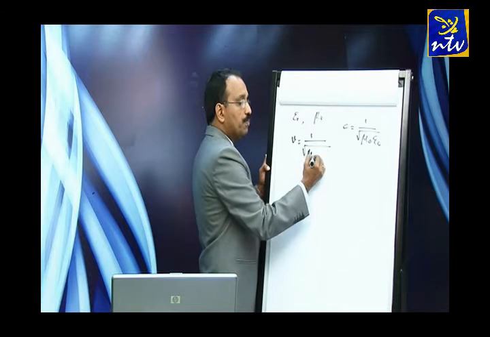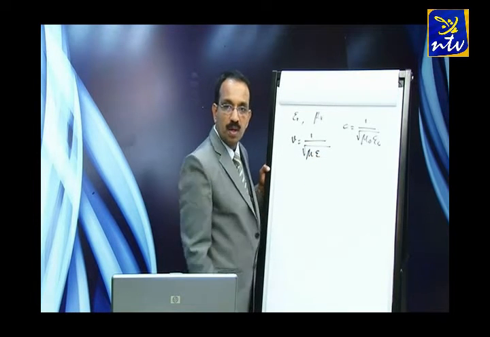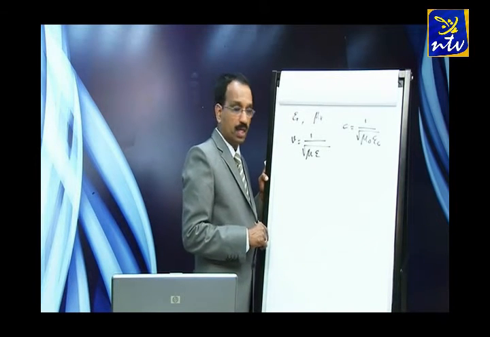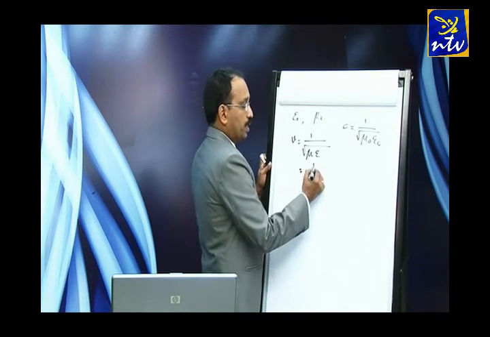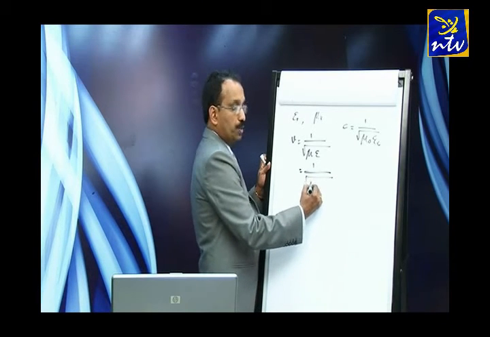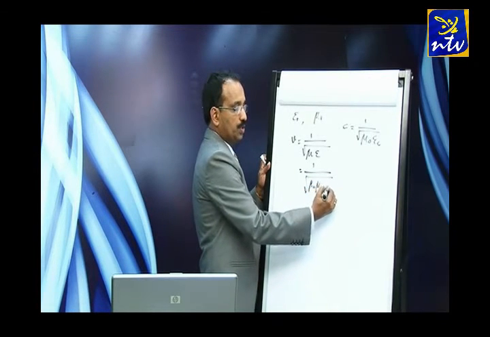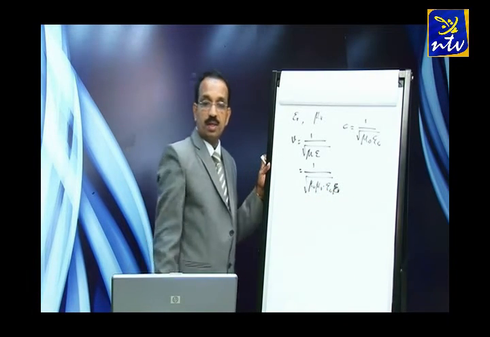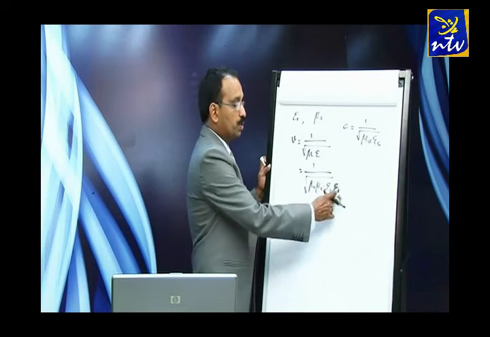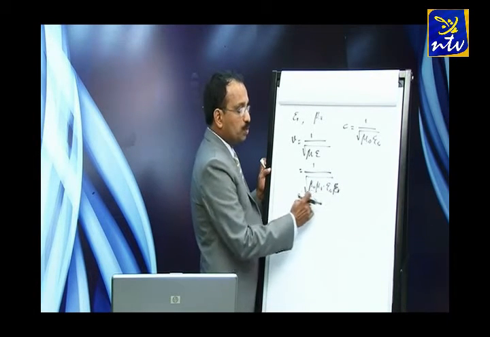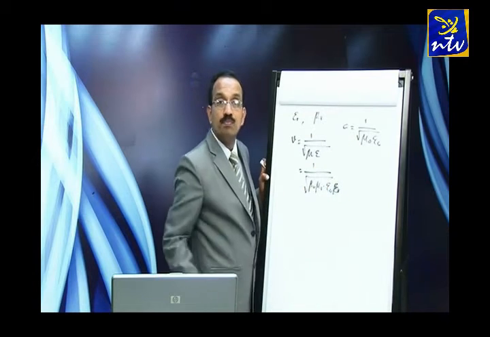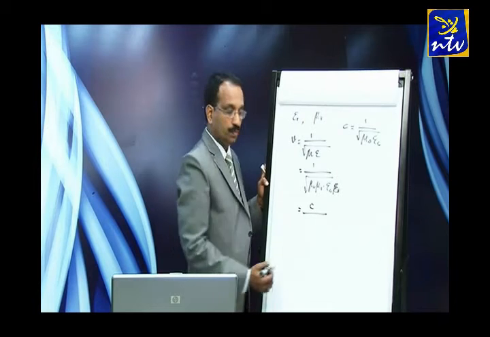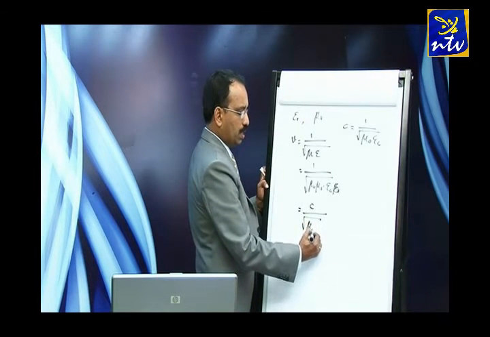But mu and epsilon can be written in terms of relative permeability and relative permittivity. So that is 1 by root of mu 0 mu r into epsilon 0 epsilon r. But 1 by root of mu 0 epsilon 0 is c. So we may write this as c divided by root of mu r epsilon r.